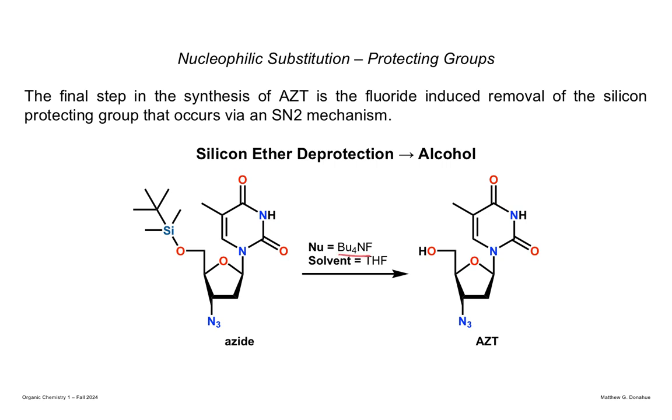So this reagent here is N+, so it has 4 butyl chains on it. And then the counter ion is F minus.